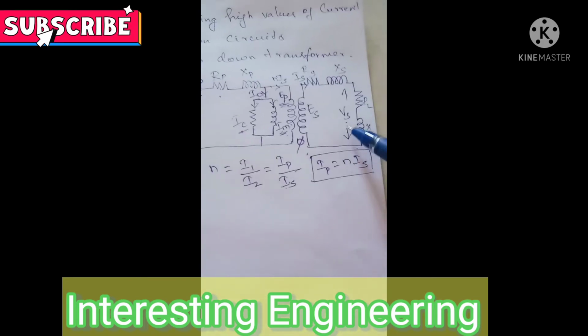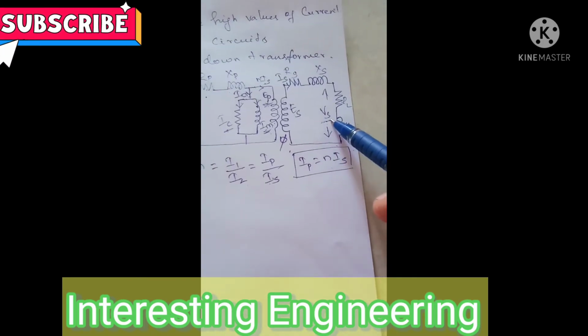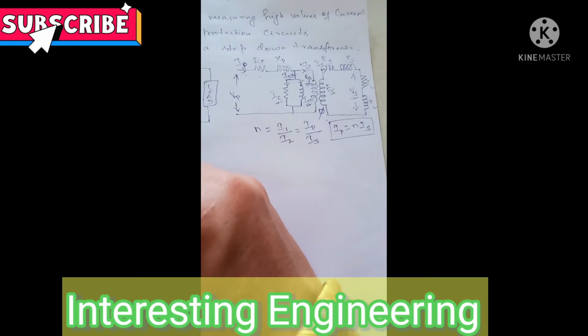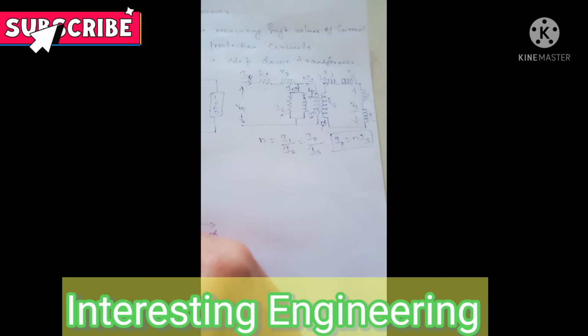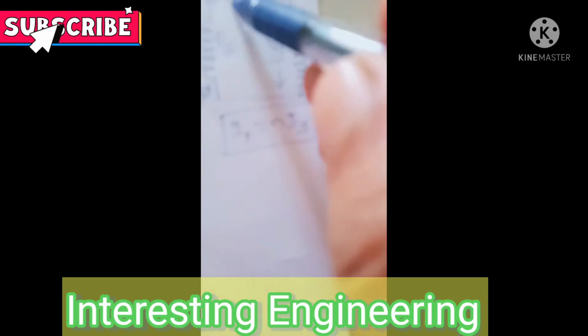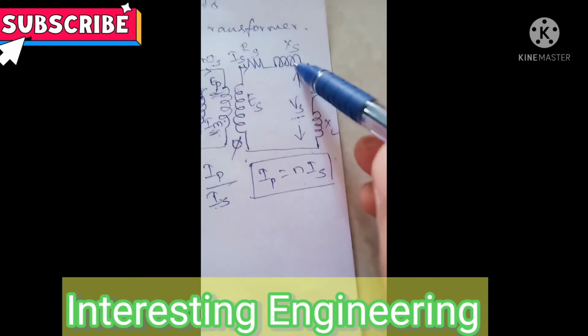So there develops a terminal voltage Vs. So this Vs I can represent it here. Vs is represented here, and apart from Vs we have ISRS and ISXs.